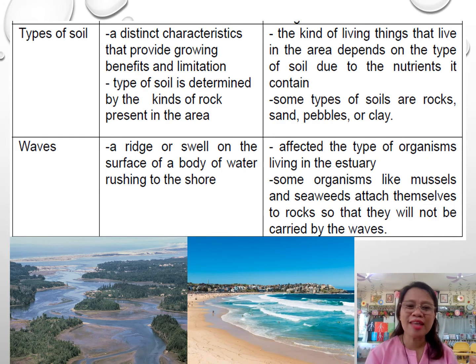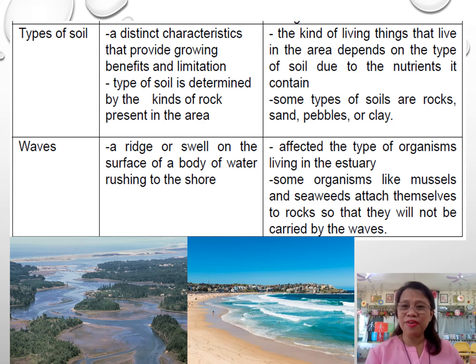We also have the types of soil. Okay, not all shores, not all daplin sa dagat pareho. Dili sila tanan pareho. This is a distinct characteristic that provides growing benefits and limitations. Type of soil is determined by the kinds of rock present in the area.